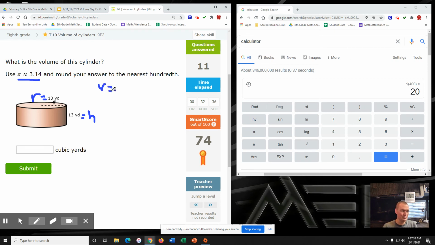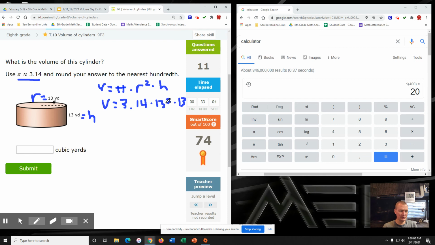So volume equals pi times r squared times h. So I got volume equals 3.14 times r squared. R is going to be 13 to the second power times h, 13 again. All right.